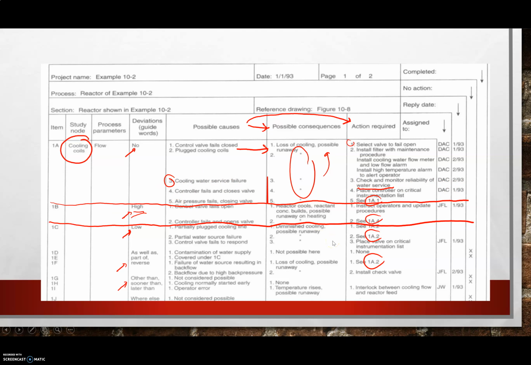So it all depends on your understanding, your experience and your knowledge regarding the hazards and the equipment. Basically there is no right or wrong in your hazard studies. All these causes, consequences, and action required or your recommendation should make sense to your analysis and studies.